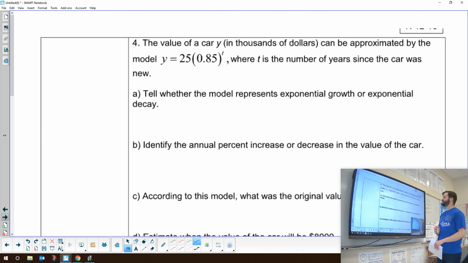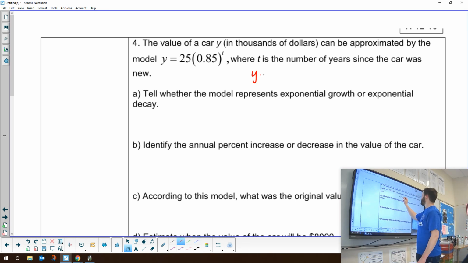So number 4, it says the value of a car Y in thousands of dollars can be approximated by the model Y equals 25 times 0.85^t, where t is the number of years since the car was new. All right, well, let's write out our formula here to help us as we go. My formula is Y equals A times 1 plus or minus R to the power of t. Now, I wrote minus R here.